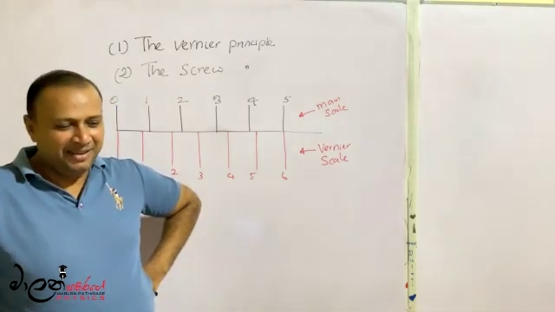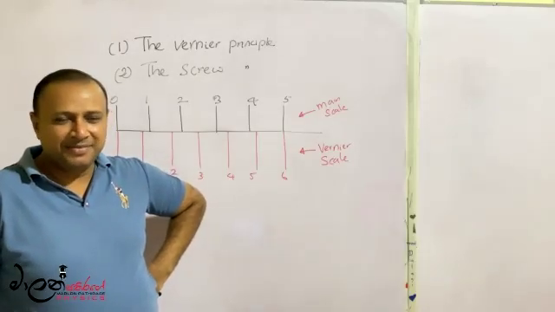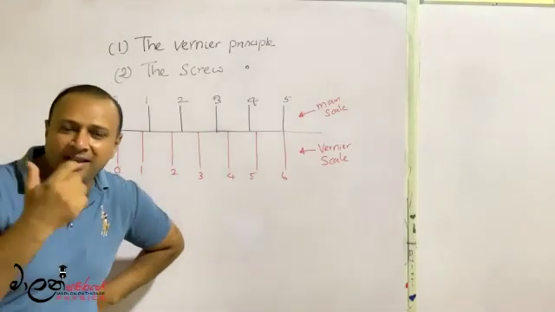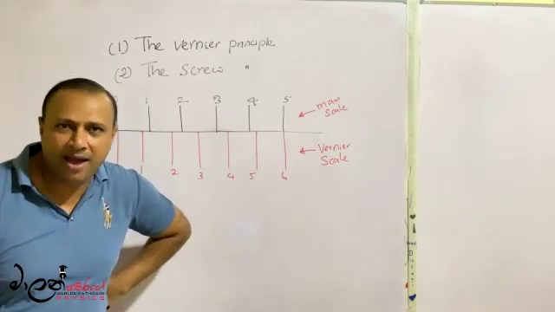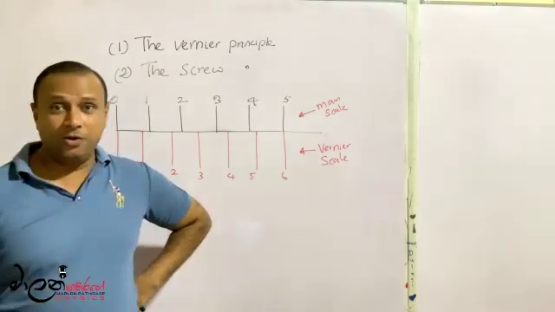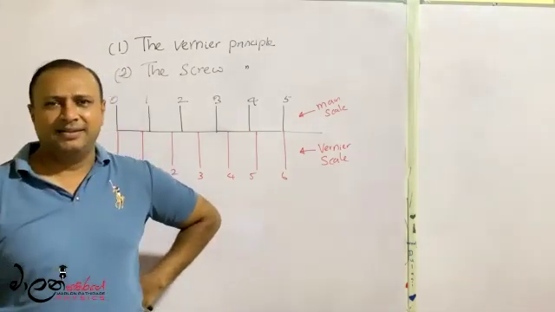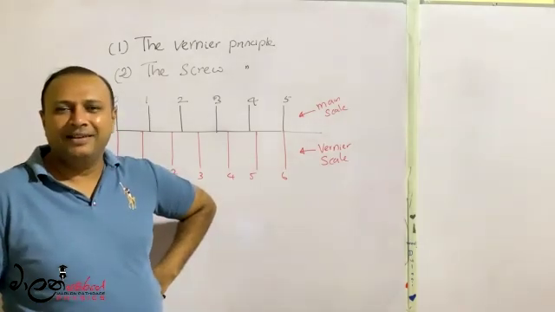No, the smallest gap. We have done that one. It is the smallest gap between two consecutive marks. Okay. Don't memorize other things. It is equal to the smallest gap.